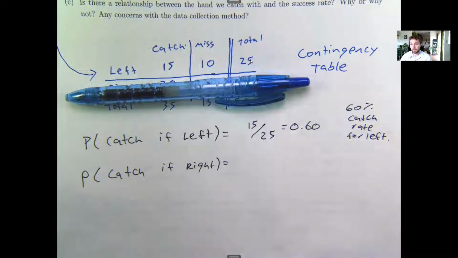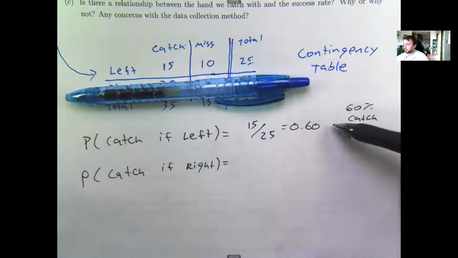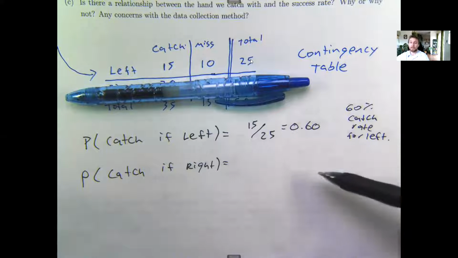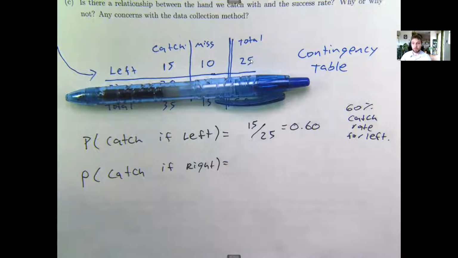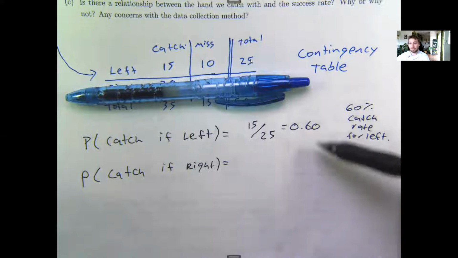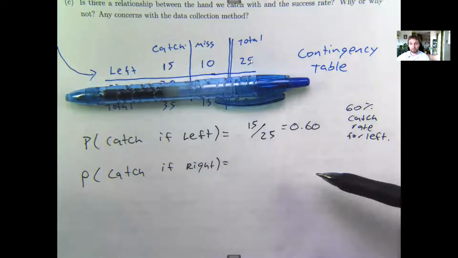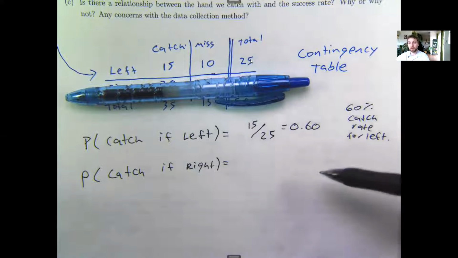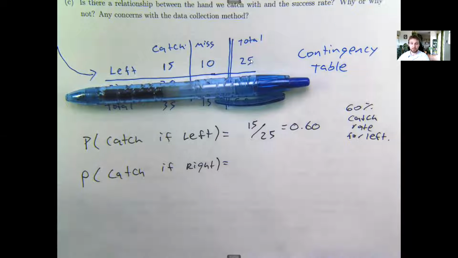If the events are independent, this ratio would have to stay the same. That would mean there's a 60% catch rate for the left, and there would have to be a 60% catch rate for the right. If the numbers stay the same, we say the events are independent. If the numbers change, we say they're dependent.